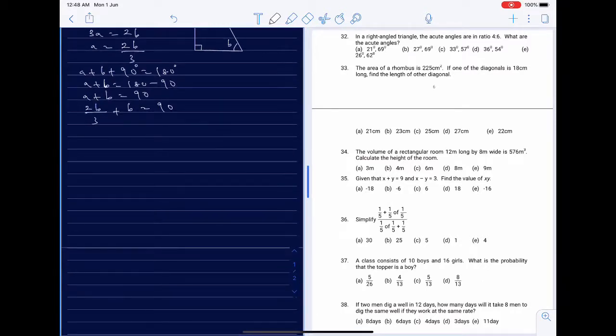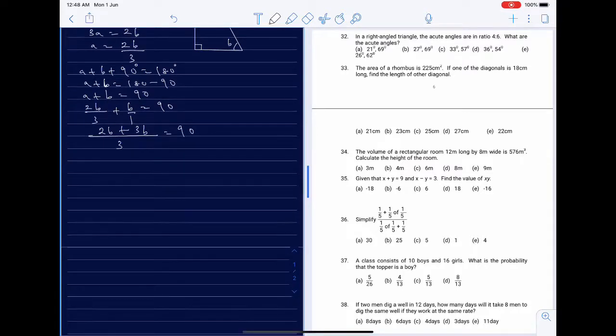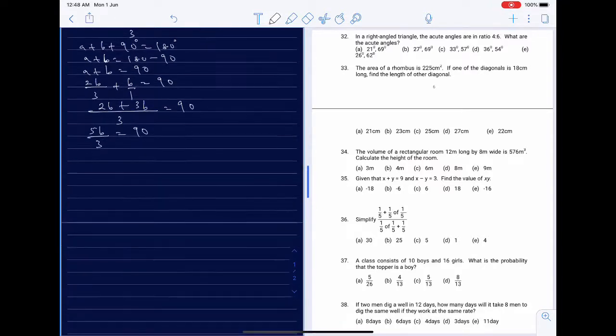Which means we can find the LCM. B is the same as B over 1. 3 in 3 is 1 times 2B, plus 1 in 3 is 3 times B, which is 3B, equals 90. So that means 5B over 3 equals 90. And we can do cross multiplication, which means 5B equals 3 times 90.